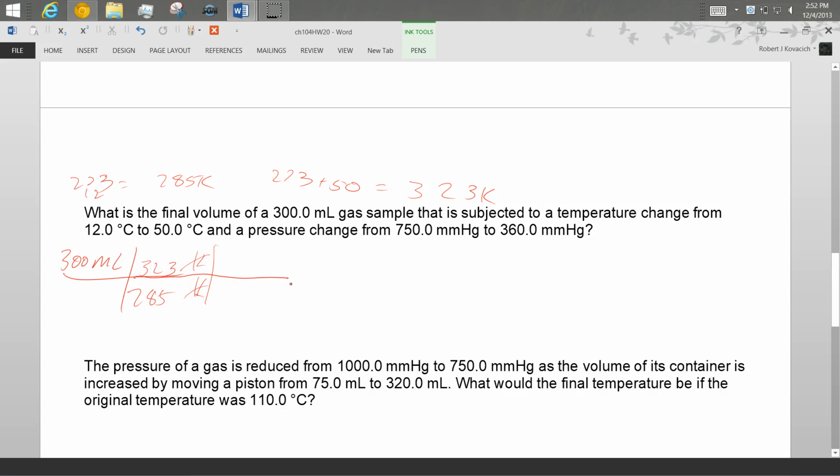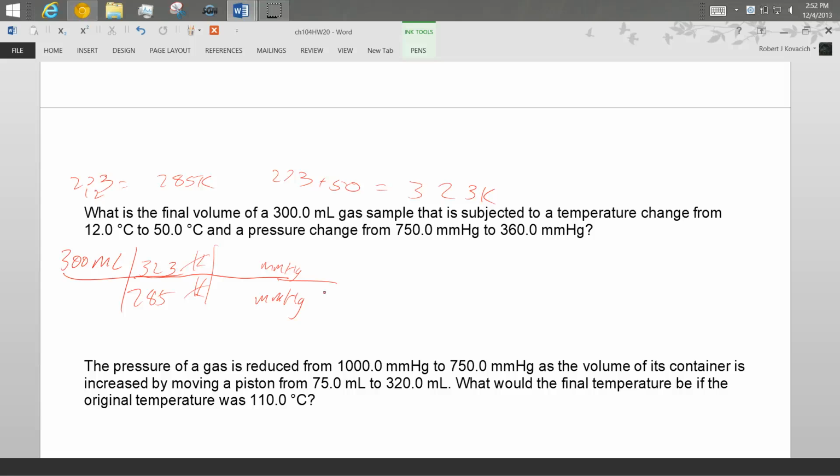And now I have a pressure change that goes from 750 to 360. So this is millimeters of mercury. The pressure went down, right?